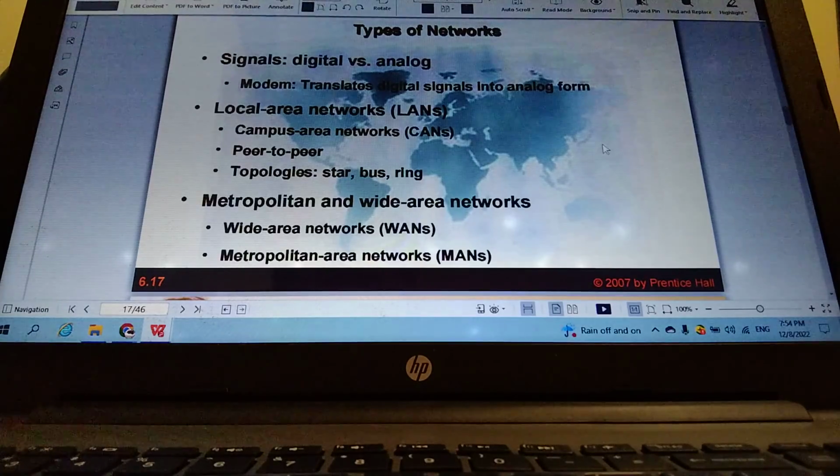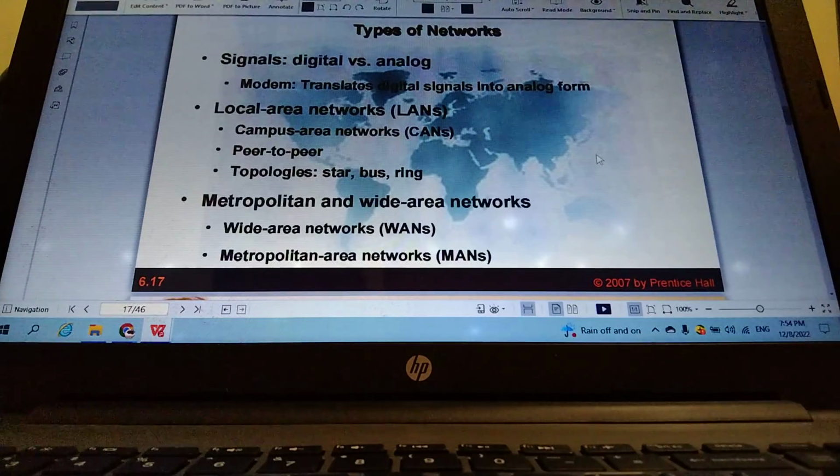Metropolitan means it covers the entire city or a city-to-city link. For example, all the LANs in Kuala Lumpur connected to another city we call a metropolitan area network, MAN. And we have the wide area network, which connects the entire globe, country to country, and so on.